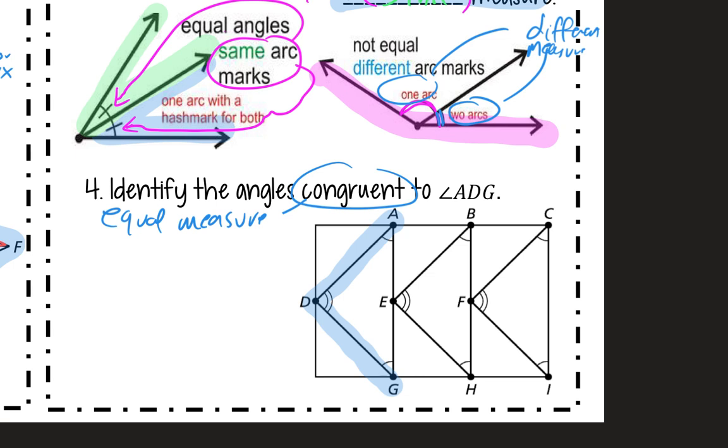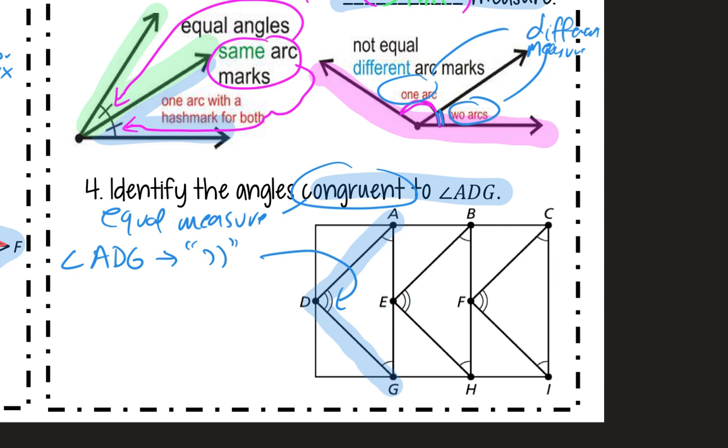Angle ADG is using two hash marks, two arcs. So the congruent ones will also have two marks. This one right here just has one. That has one. This one has two.